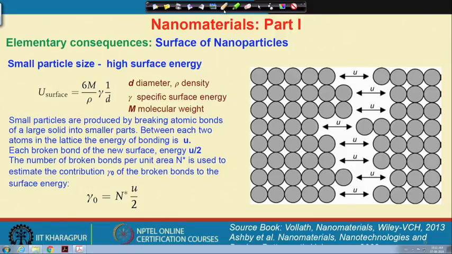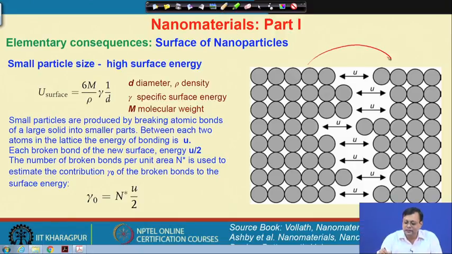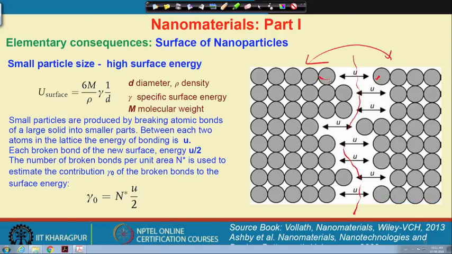Here what I show you is that initially they are the same particle and I want to create a surface. So, I have to break this bond between these two atoms. If U is the bond energy, then for each particle I have to consider U by 2. So, here is U by 2 and here is U by 2 for each particle, right.